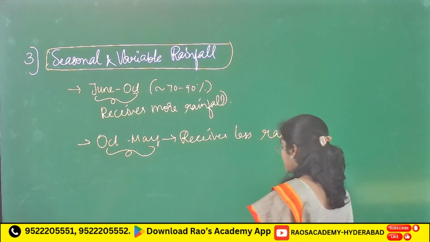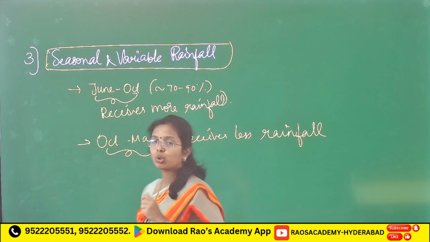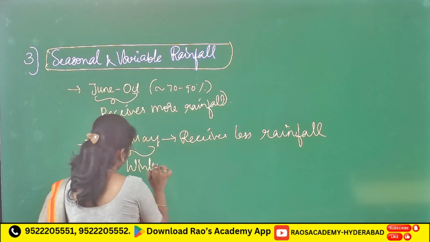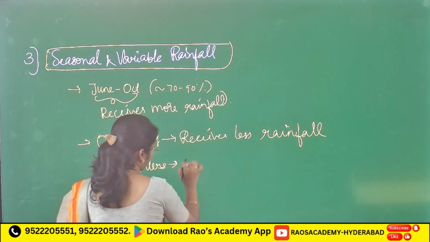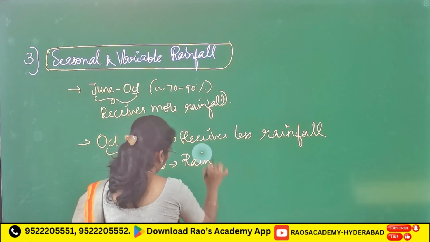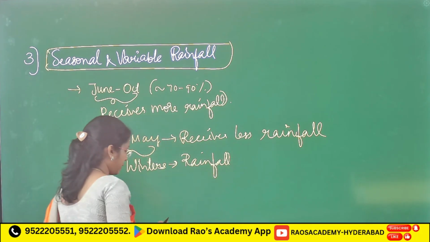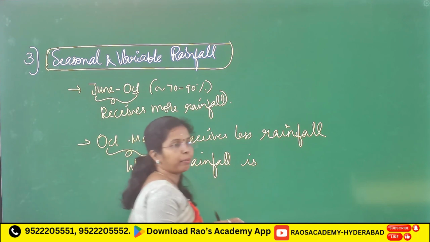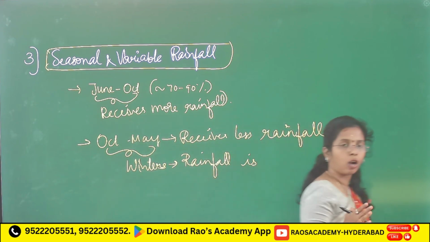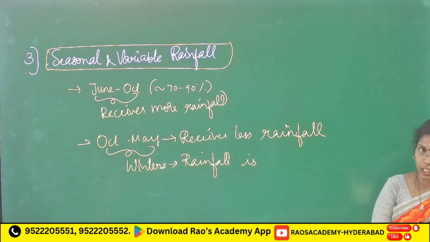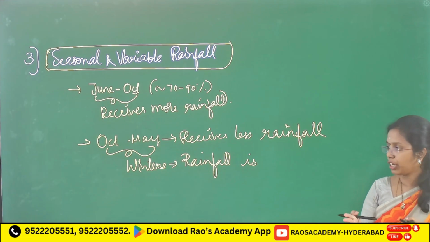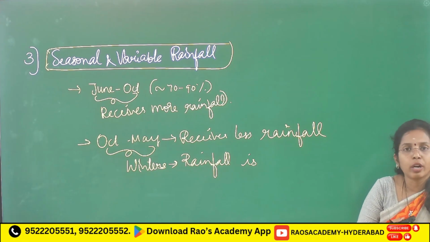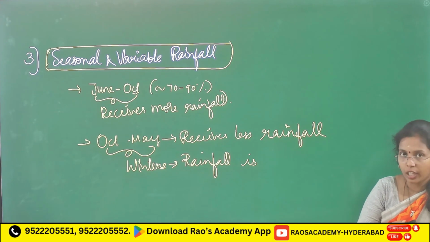In winter you will see rainfall is due to western disturbances. We are going to see all those western disturbances and how they affect rabi crops in India, and how those western disturbances affect winter season, and how winter rainfall is going to affect our rabi crops in northern India.